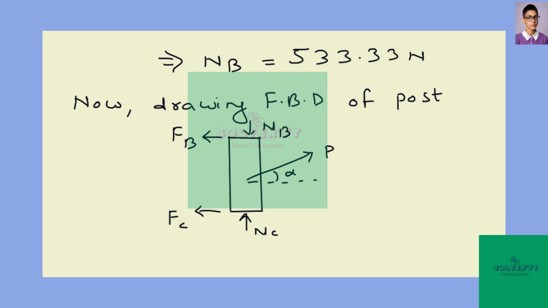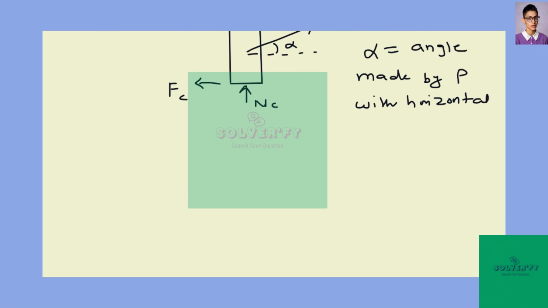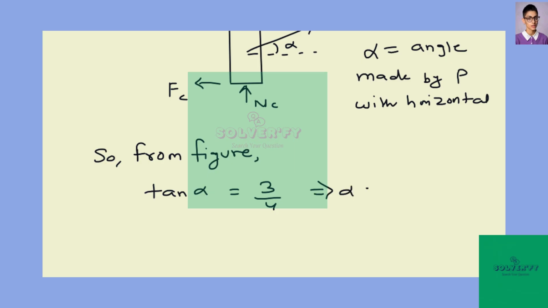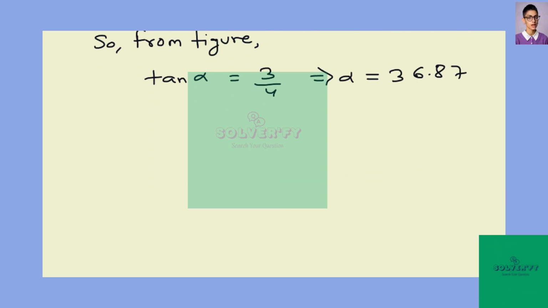Here it is P at theta is equal to alpha, and alpha is the angle made by P with horizontal. Now from figure we can write tan alpha is equal to 3 by 4, or alpha is equal to 36.87 degree.